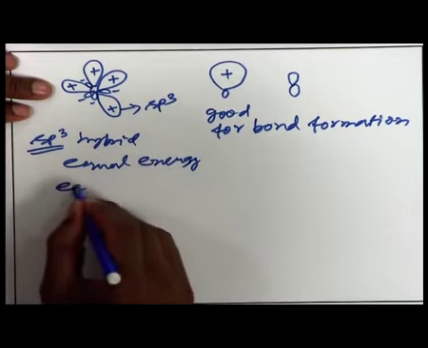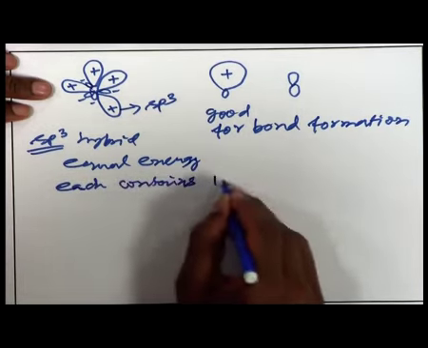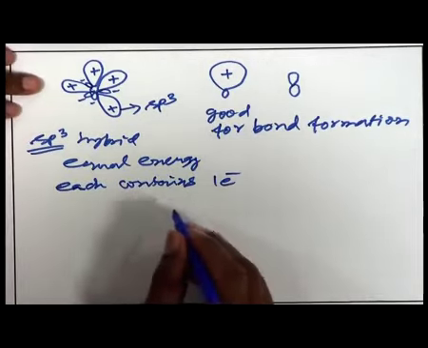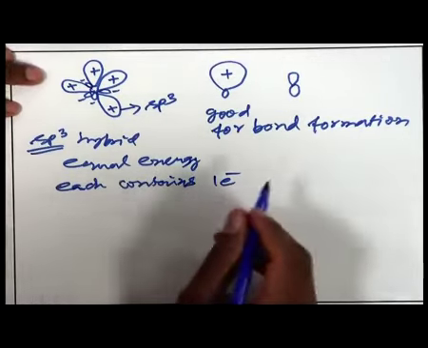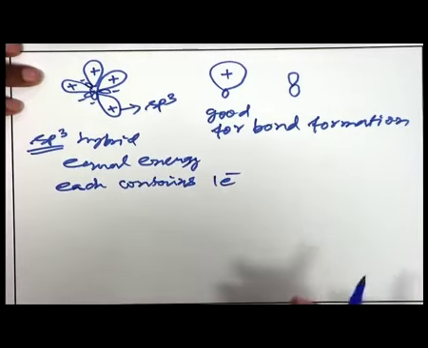Each contains 1 electron, and their lobes are oriented along particular directions, which determines the shape of the molecule.